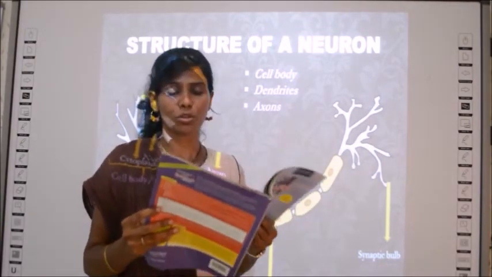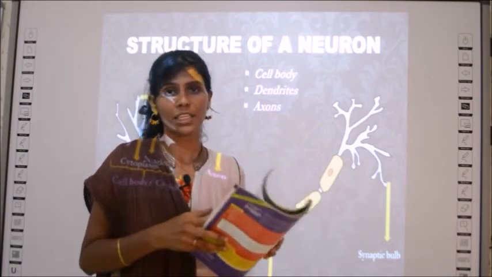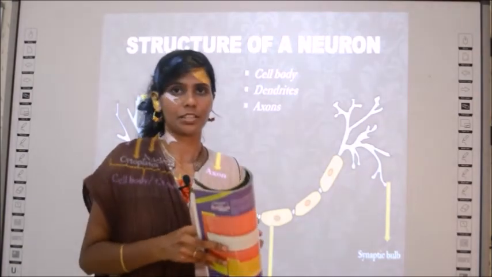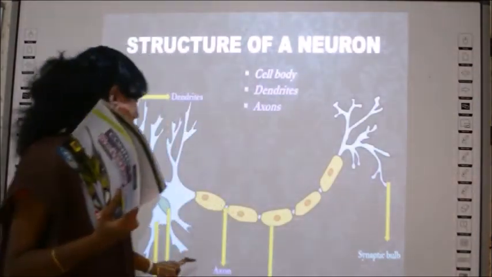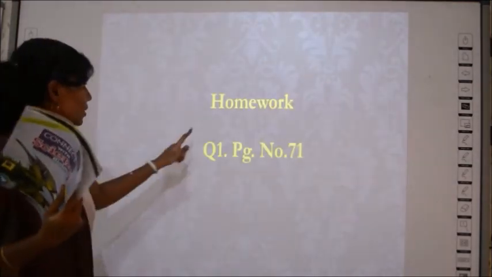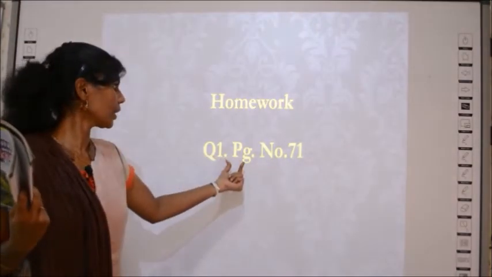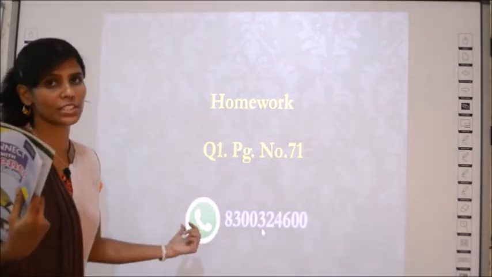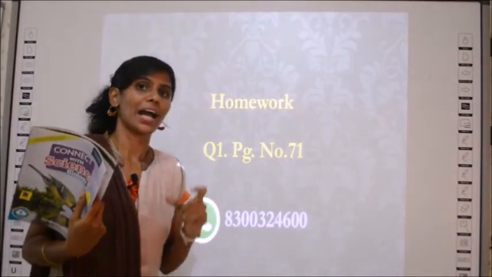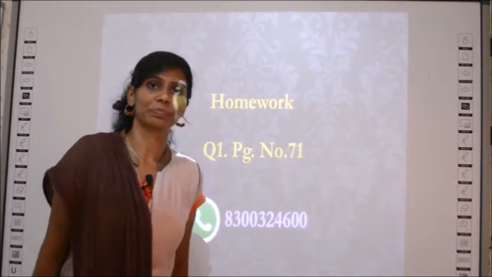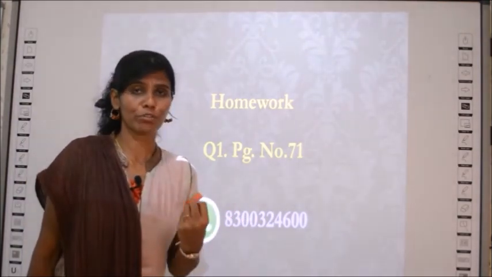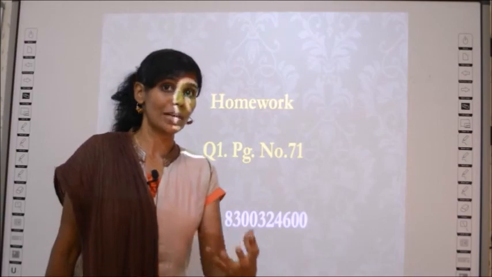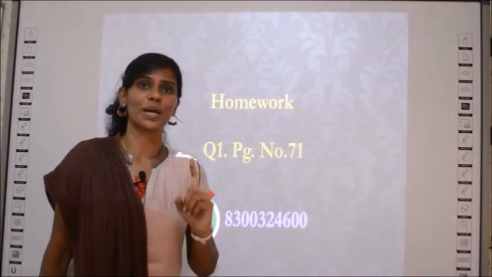If your answer is wrong, you will rewrite the sentence with the correct answer and send it to me by WhatsApp. So your homework is question number 1, page number 71, and you will send it to this WhatsApp number. In the next class I will announce the name of the student who has sent me the first right answer.